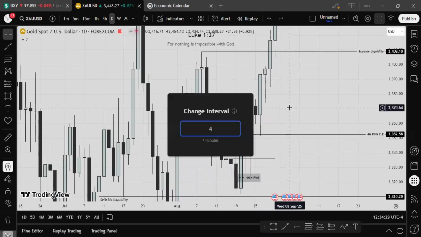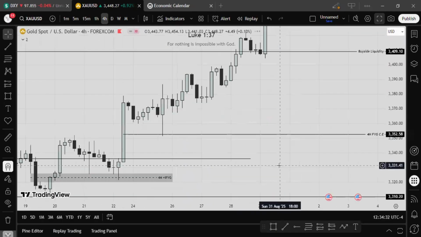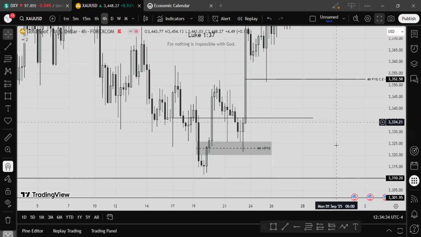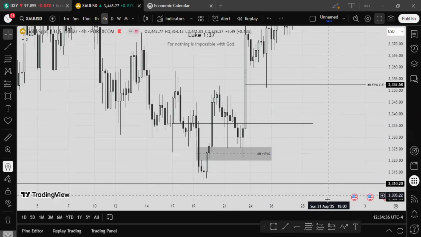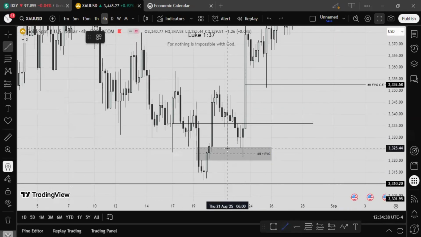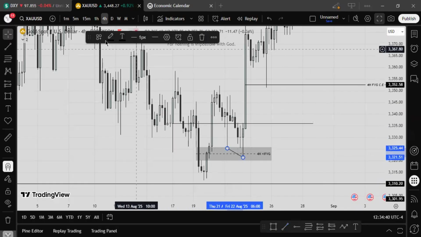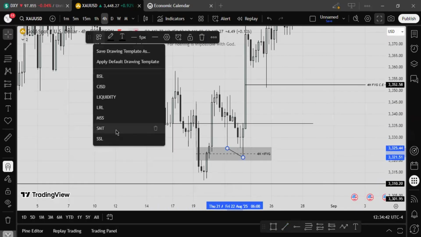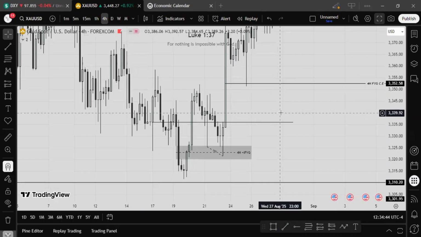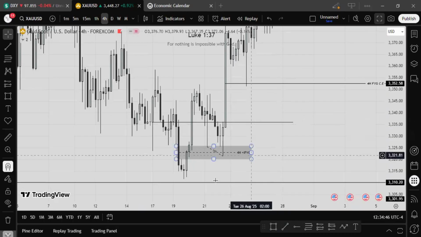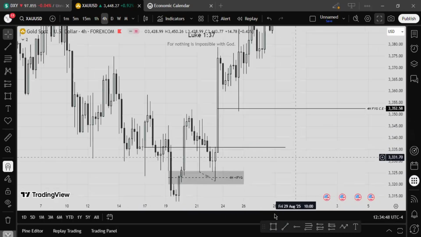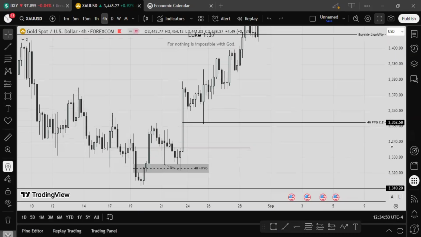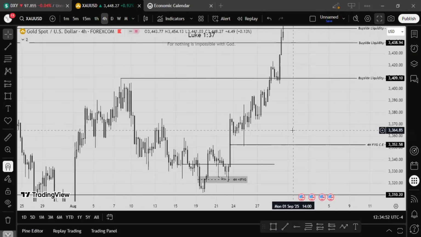Let's just go down to the 4 hours so I can see this. We have an inverse fair value gap and we have an SMT right here. Like I said, on the higher time frames, the 1 hour, the 4 hour, the daily, I'm always going to expect an SMT to happen before I take that trade.